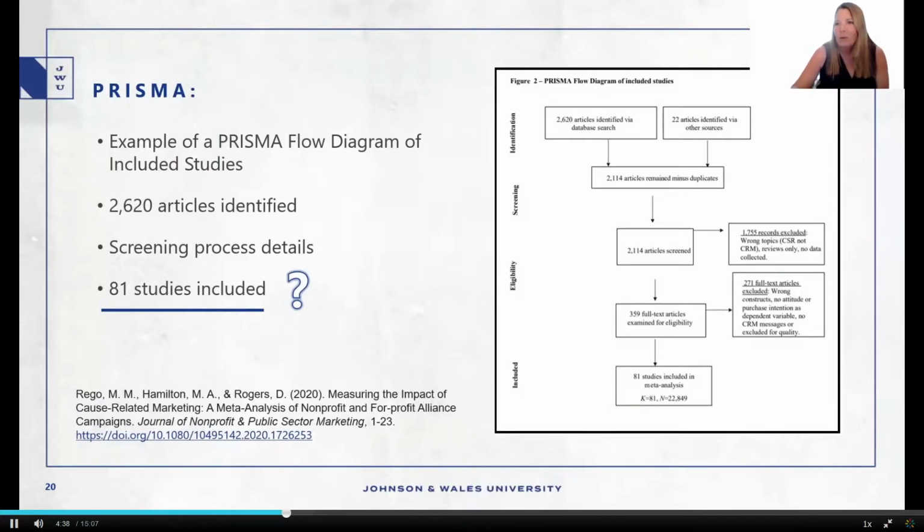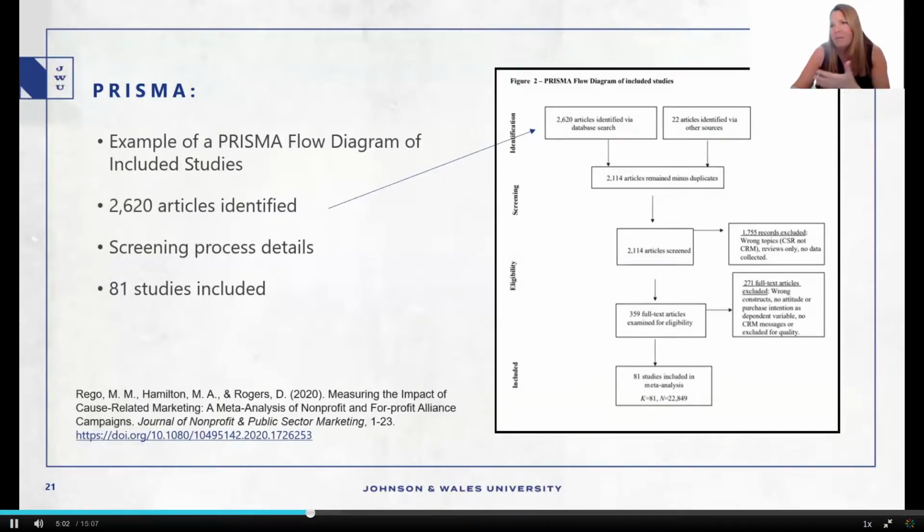Imagine if you were a researcher who is prevalent in a certain area of research and you are not included. You might want to know why. So again, you start by casting a wide net, usually with a Boolean search term of anything that's relevant. This one happened to be about cause-related marketing.